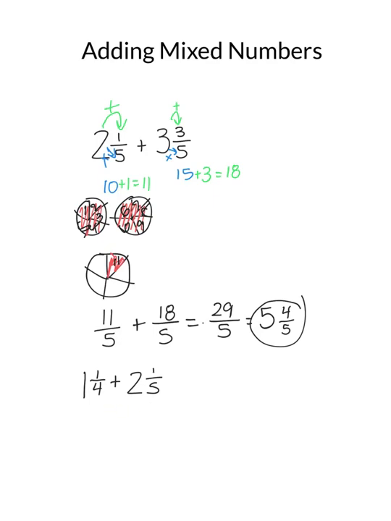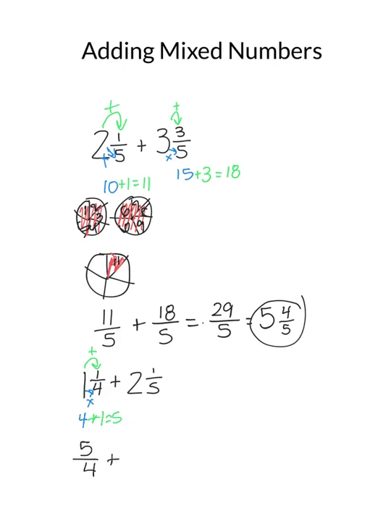So first thing I'm going to do is, if I have whole numbers, I want to get rid of them. So I'm going to change these mixed numbers to improper fractions. So I will do 1 times 4 to get 4. Then add the 1, get 5. So 1 and 1/4 is equal to 5/4.